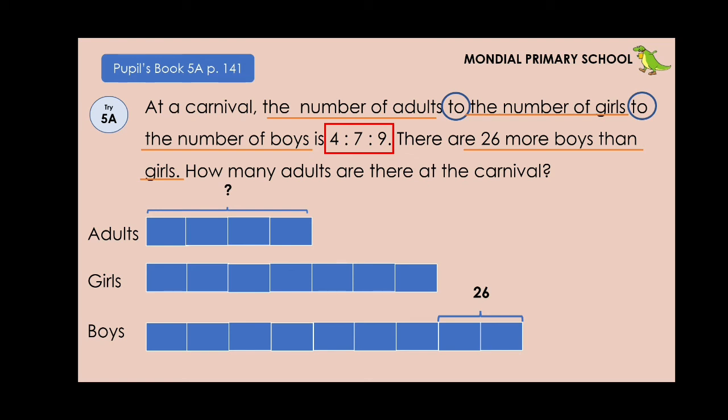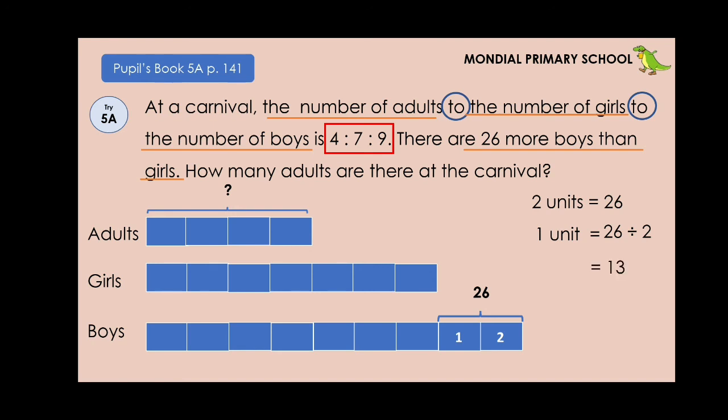Look at this. 1, 2. 2 units represent 26 people. So we can write 2 units equals 26. 1 unit equals 26 divided by 2. What is 26 divided by 2? 13.